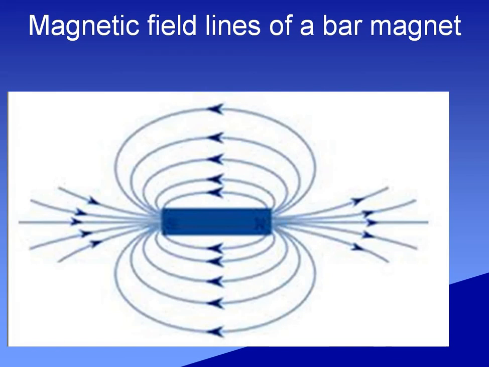So wherever more field lines are there, here and here, the magnetic field strength will be more in comparison with this region and this region, because in those regions the magnetic field lines are much separated. So wherever magnetic field lines are closer, that region shows a stronger magnetic field.